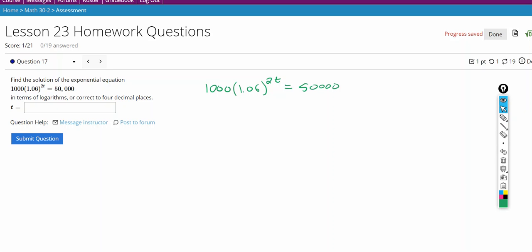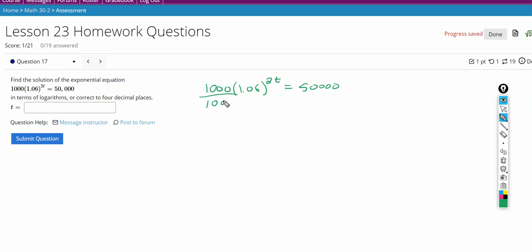All right, so for this one, similar idea, right? Why don't we isolate this a little bit before we get going? I could set this up so that we just have this part of it on one side. So what I mean is I want to get rid of this 1,000, because that'll make life a lot easier. It'll actually make my numbers smaller too, won't it?